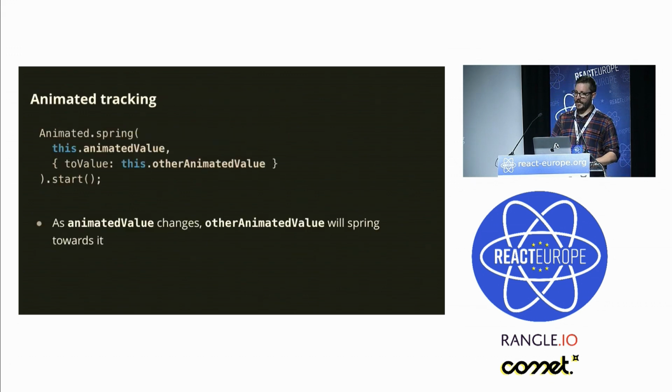This one kind of bends your brain a little bit: this concept in Animated called tracking. So far we've seen animating to a static value, right? We'd say Animated.spring this.progress to value 1. But you can actually animate an animated value to another animated value, so you can chain things together.